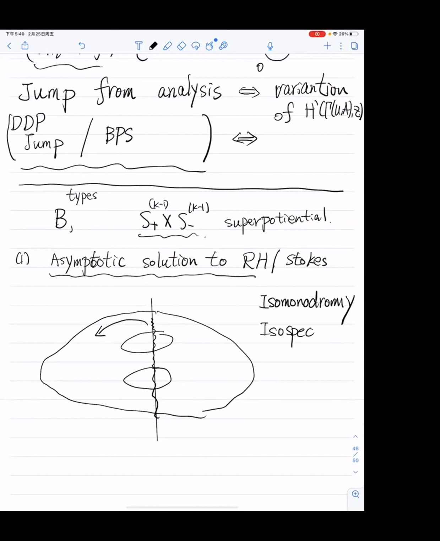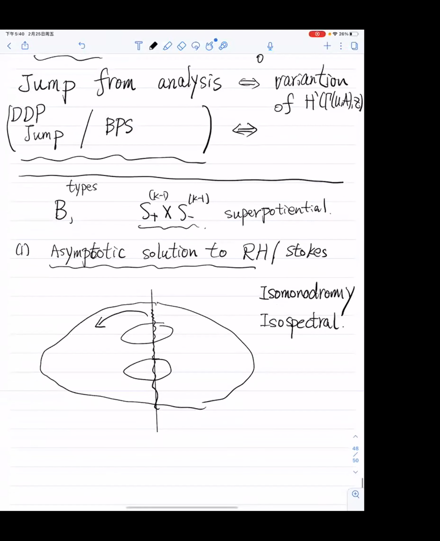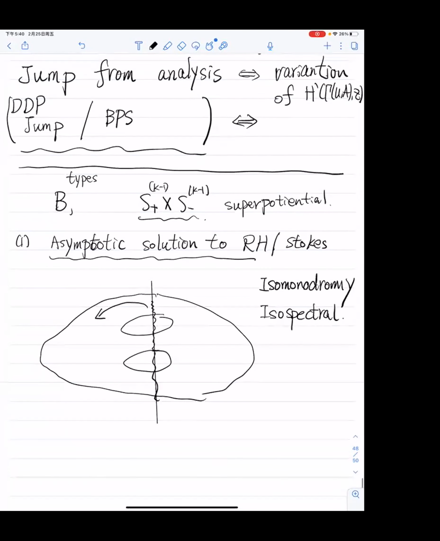But this is also very hard. We haven't worked out how to extend the analysis data from the asymptotic zone to the generic region. But all of this first depends on the asymptotic solution to the Riemann-Hilbert problem. We have to first compare some initial data.